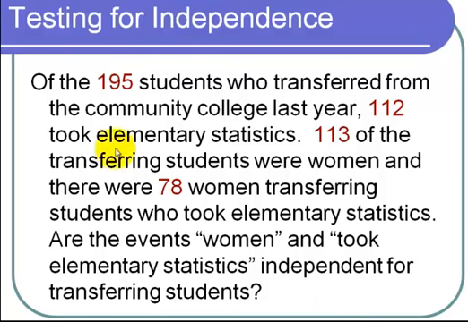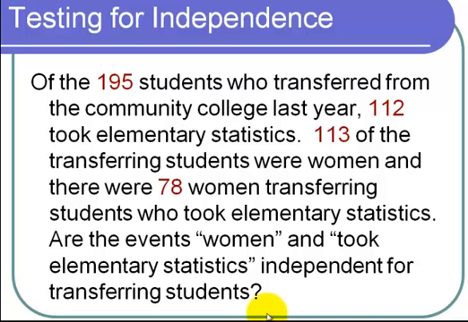Let's suppose that out of 195 students who transferred from the community college last year, 112 took elementary statistics. 113 of the transferring students were women, and there were 78 women transferring students who took elementary statistics. That's a lot to talk about. The question is, are the events women and took elementary statistics independent for transferring students?